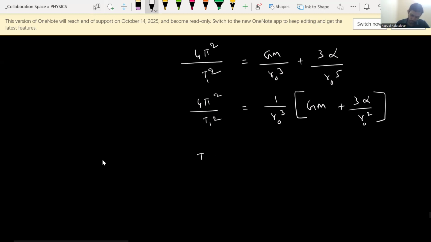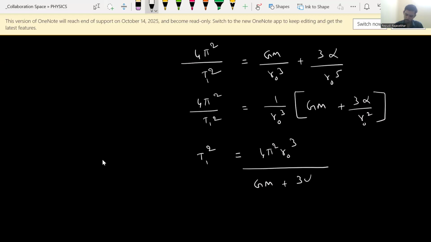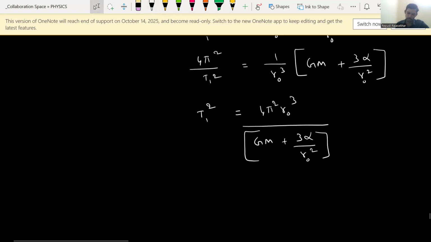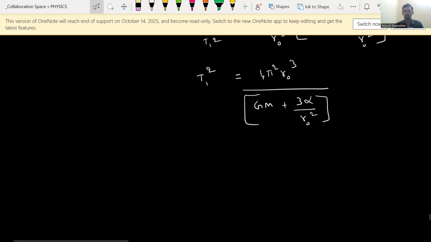Okay, T1 square equals, we want to write T1 square, cross multiply, so 4 pi square r naught cube, whole divided by GM plus 3 alpha divided by r naught square. Now anything we can take common again here? Yes, I will take common here again.